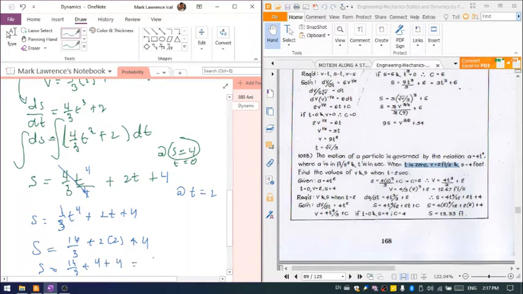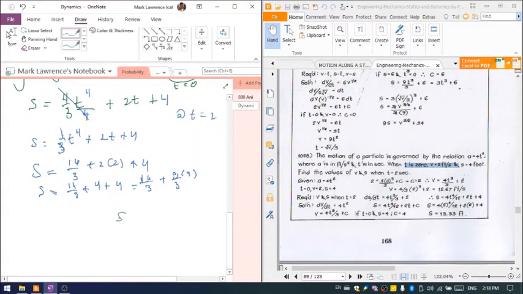Okay. So, we have 16 over 3 plus 8 over 3. So, this is s equals over 3. 8 times 3, 24.